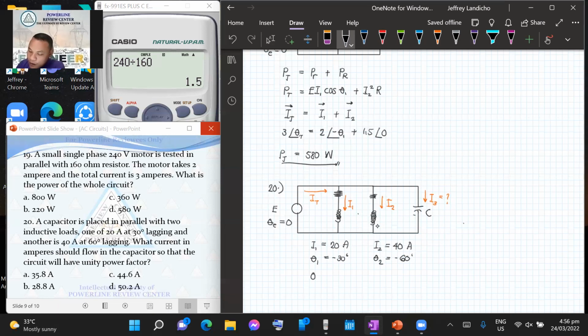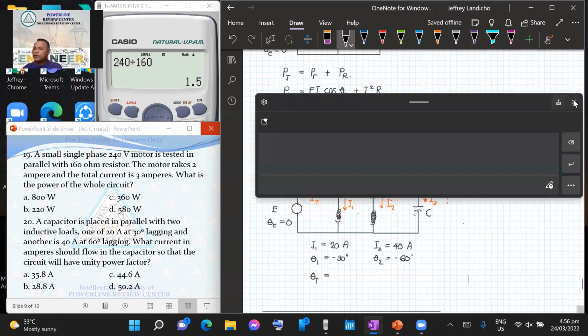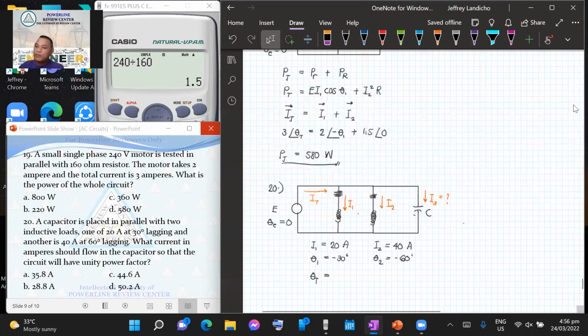Since the condition is that the power factor is unity, what would be the value of the current I sub 3, given that the overall power factor of the circuit is equal to unity?